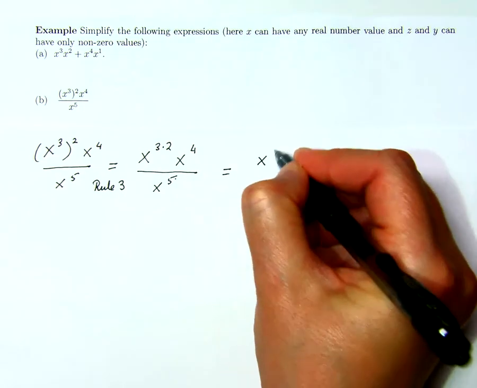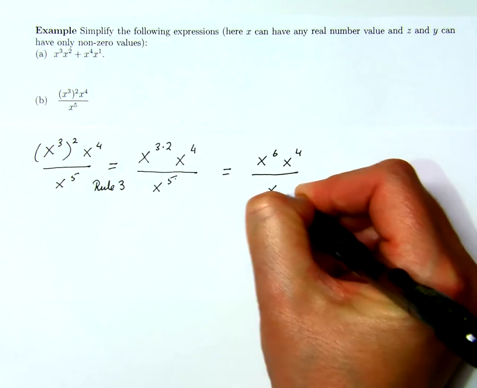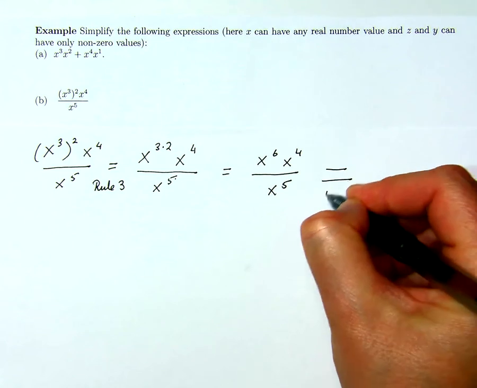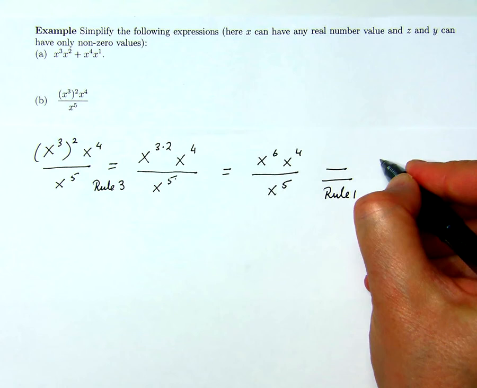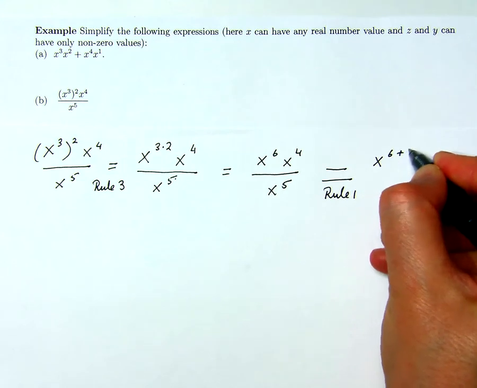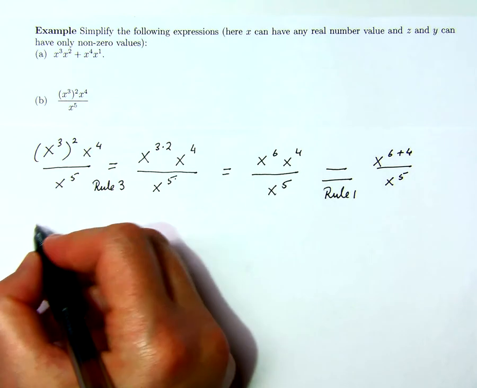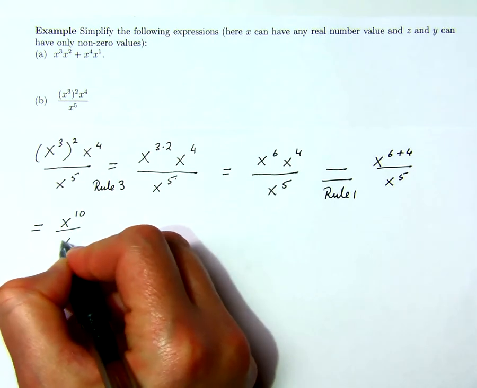So that's x to the 6 times x to the 4 over x to the 5. And now we apply rule 1 again and add the exponents here. So that's x to the 6 plus 4 over x to the 5. And that's equal to x to the 10 over x to the 5.